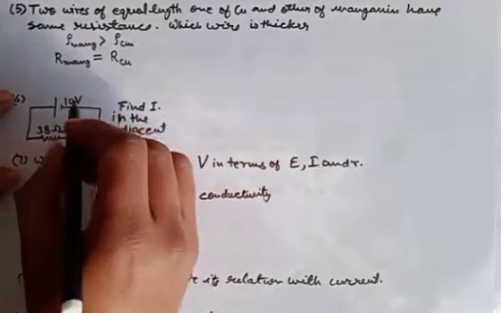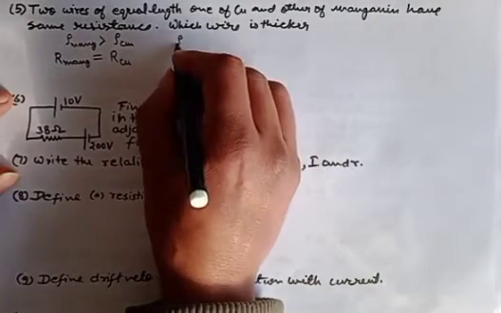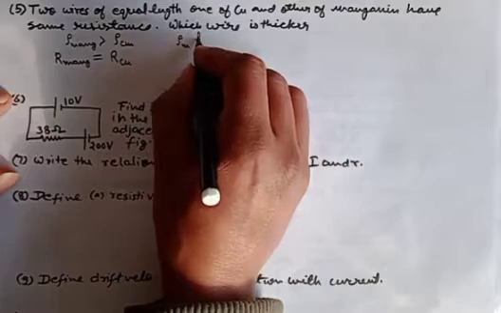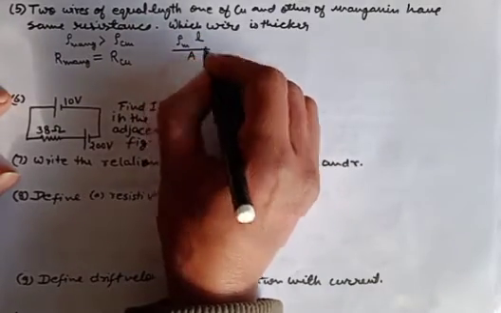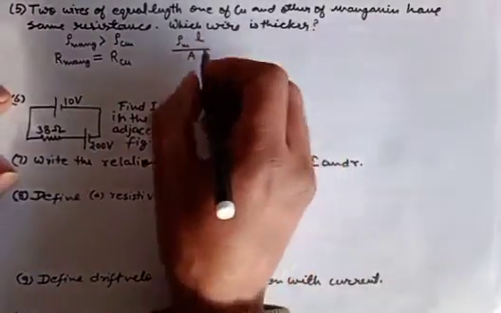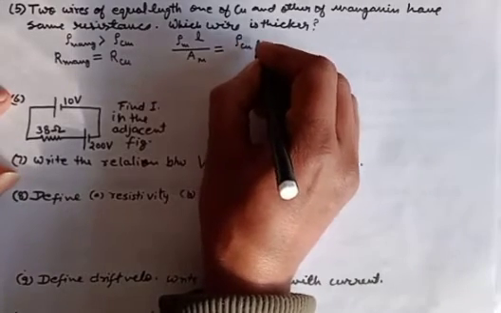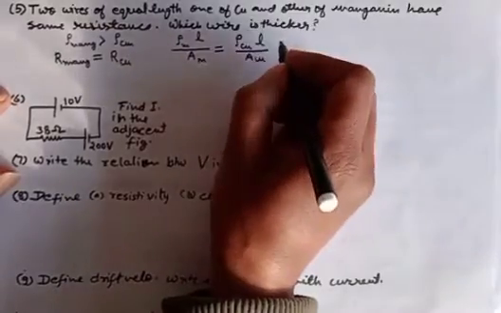And now we are going to use that formula, rho L upon A. Rho of manganese, I'm just writing M, L equal length, and A, we have to find which one is thicker. So here I am writing A M, and that is equal to rho for copper, length is same, upon A for copper. L will get cancelled.